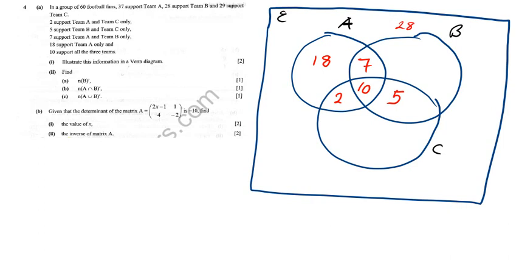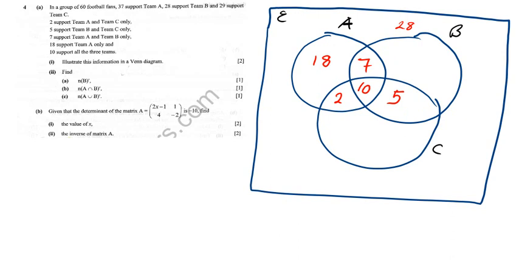But to get the remaining part here, we add 7 plus 10 plus 5, the values which are passing in set B, and subtract from the total of 28. 7 plus 10, we're getting 17, plus 5, we are getting 22.